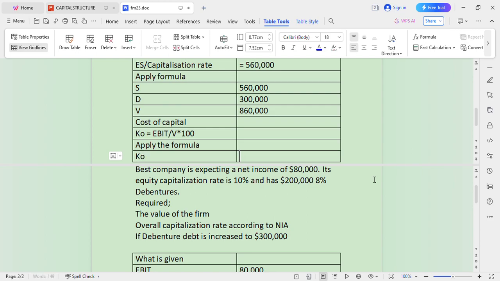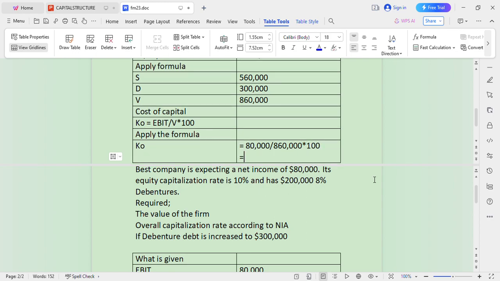KO equals 80,000, the earning before interest and tax, divided by 860,000 times 100.